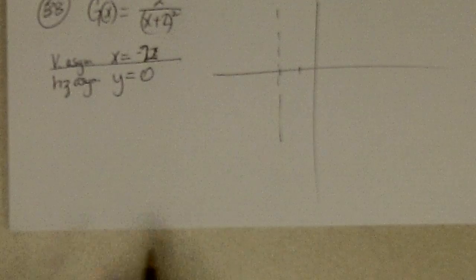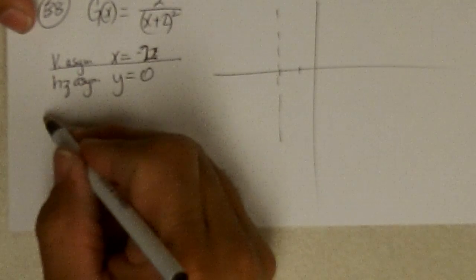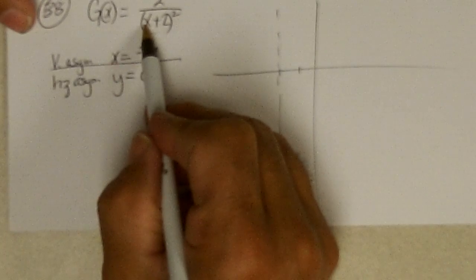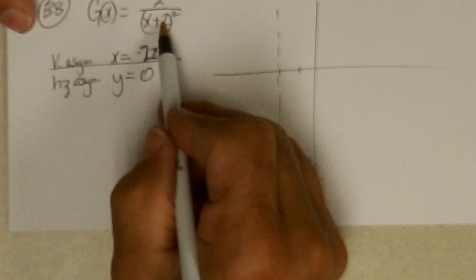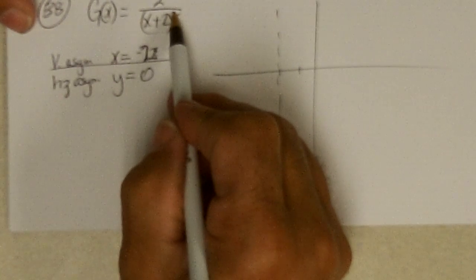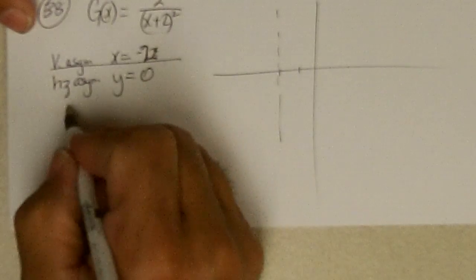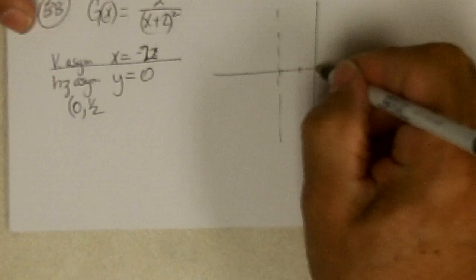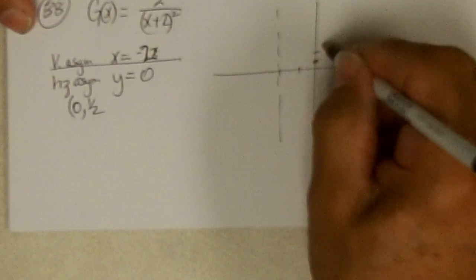Do we have a y-intercept? Making x be 0, this would be 0 plus 2, which is 2 squared is 4. 2 over 4 is a half. So when x is 0, we get 1/2. So it goes through 0, 1/2.